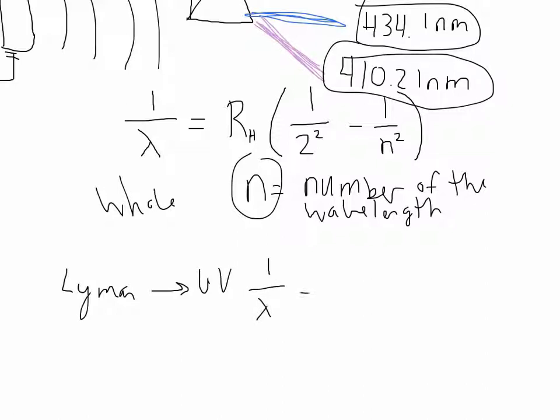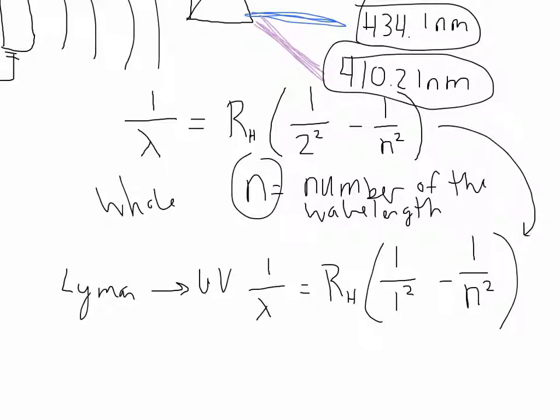So 1 over lambda is equal to some constant R sub H times 1 over 1 squared minus 1 over n squared. So you can see how it's similar. The visible light requires a 2 here. The ultraviolet light requires a 1.